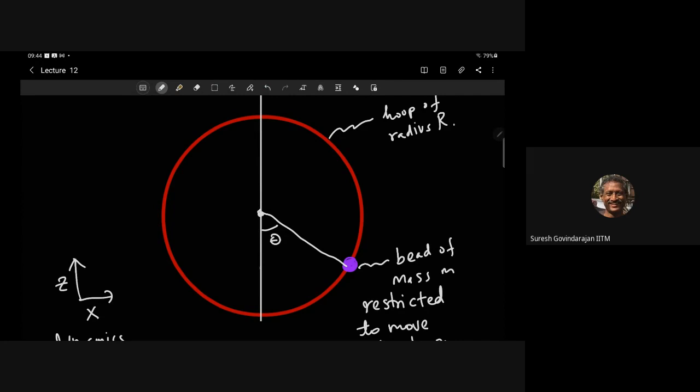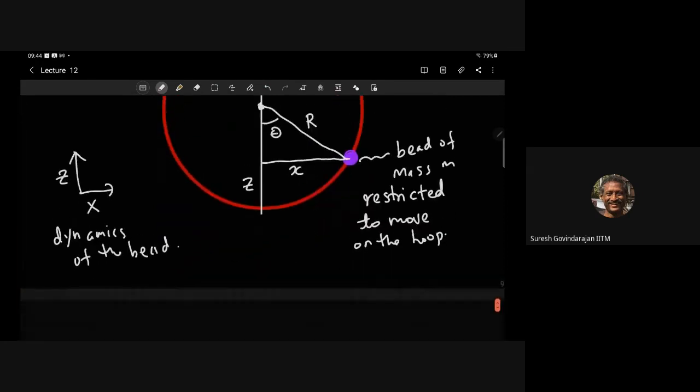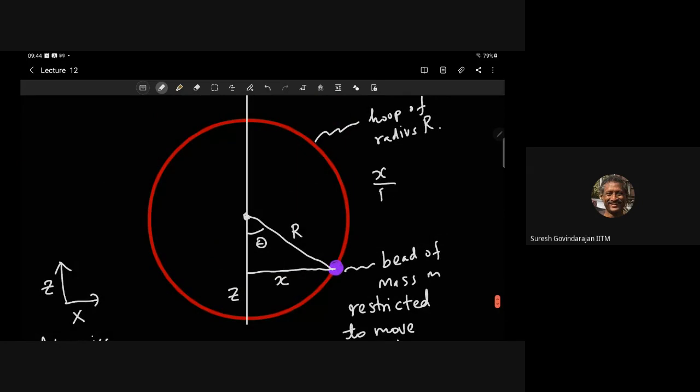Say the position of the bead, this is z, and this is x, and this distance is r, right? So we have x upon r equal to sine theta. And of course, what is z by r? Rather, r minus z by r is cosine theta. Correct? Okay, good.